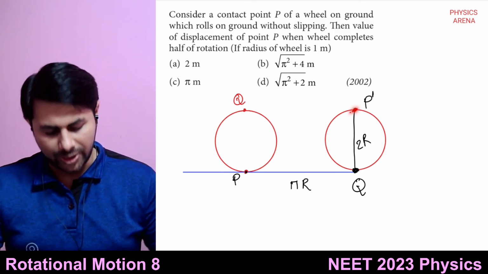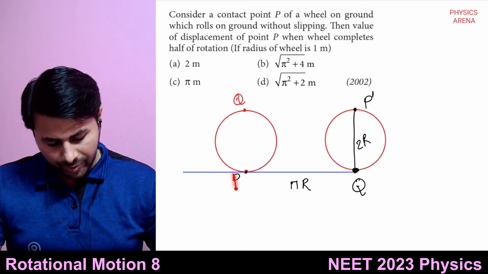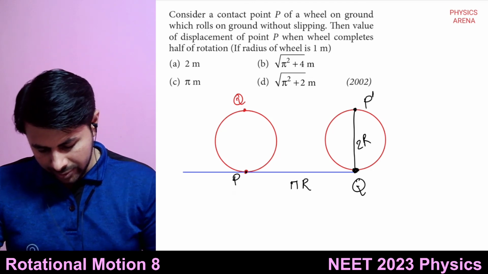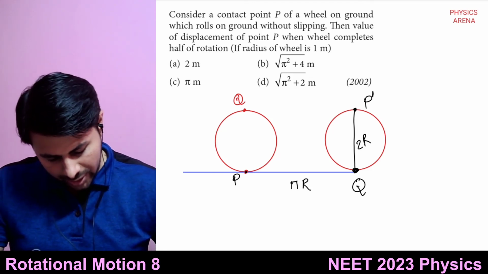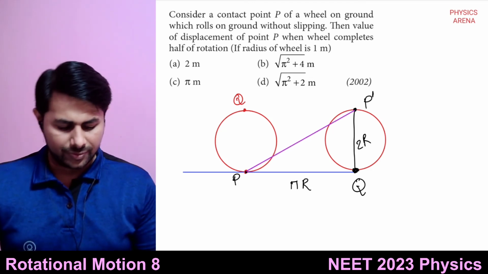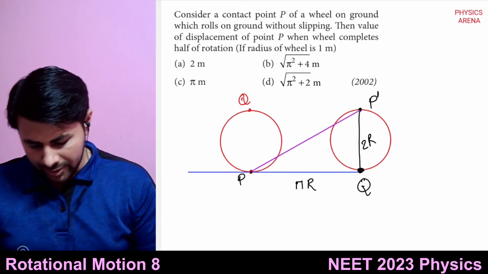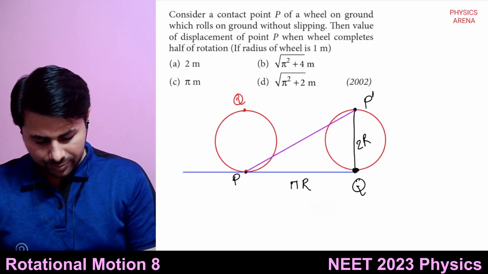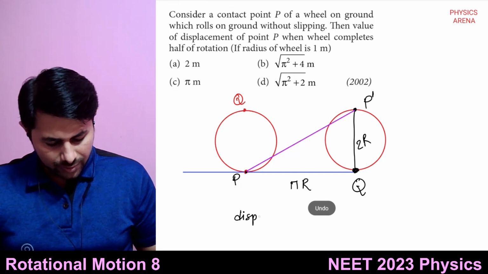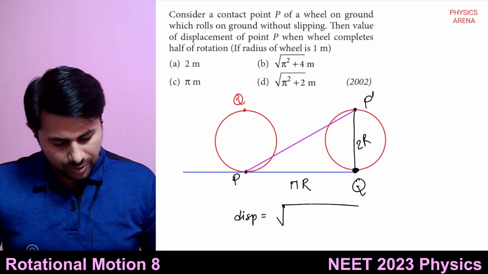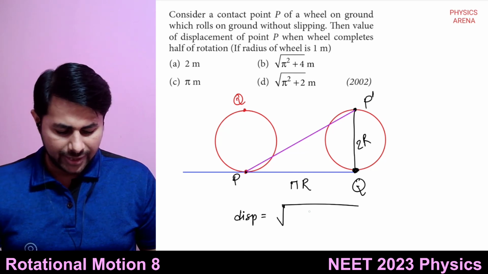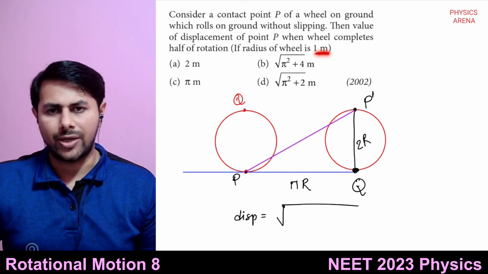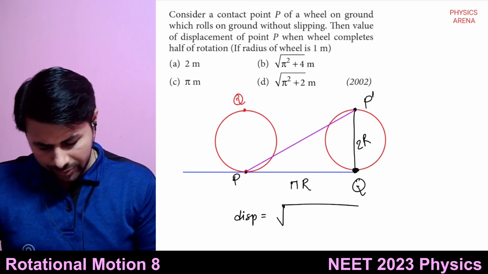So what is the displacement of this point P? Let's suppose this point is P dash. P goes from here to here. So this much would be the displacement, right? So displacement is equal to the square root of (pi r) squared plus (2r) squared. And r is equal to 1.